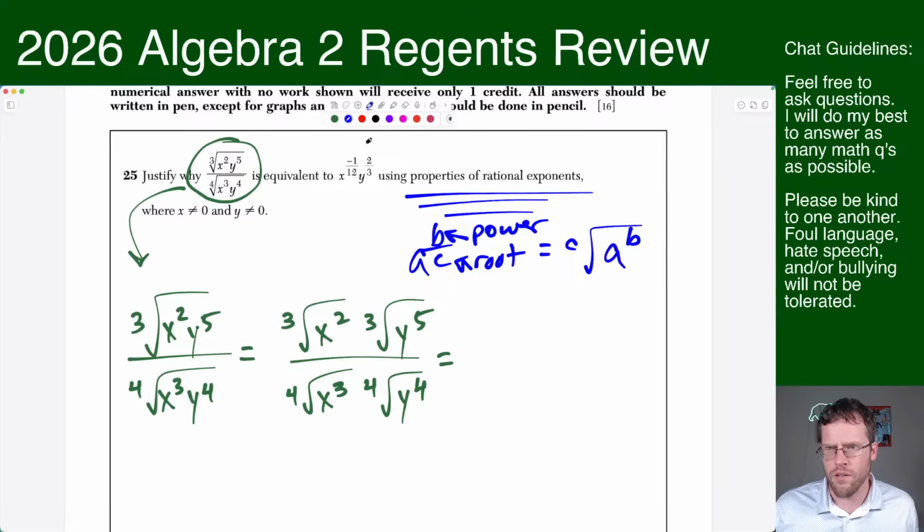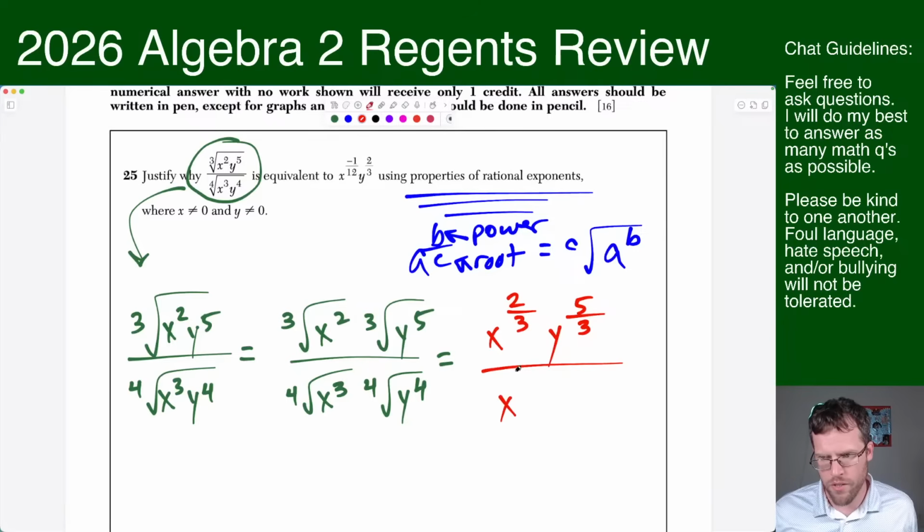And now we use that power over root stuff. So this is x to the power 2 over the root 3 times y to the power 5 over the root 3. And then we divide by x to the power 3 over the root 4. Okay, and then we get y to the 4 over 4.